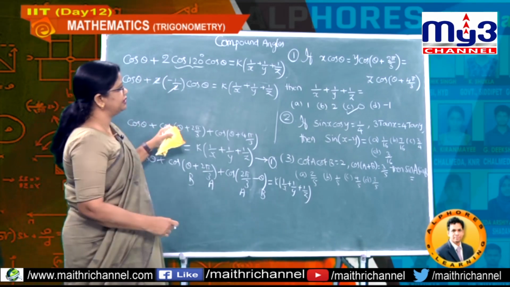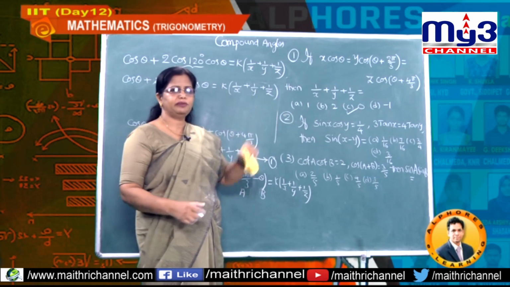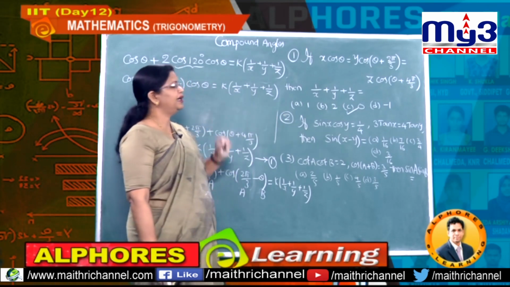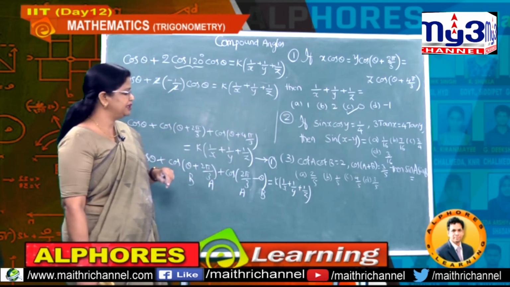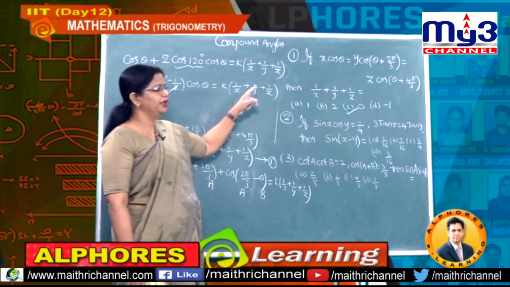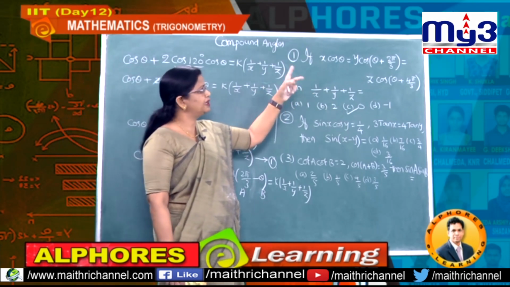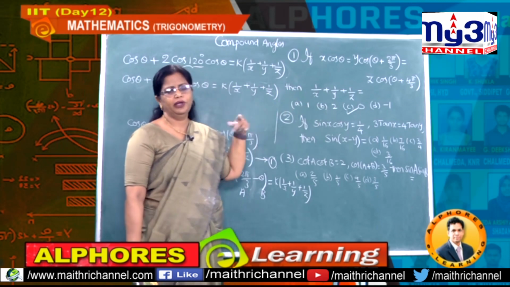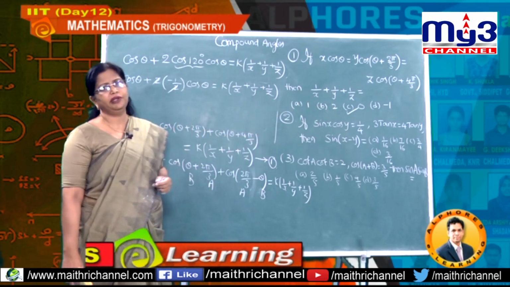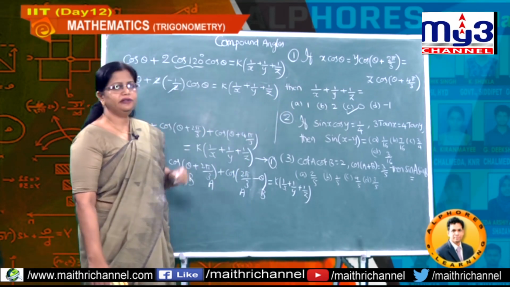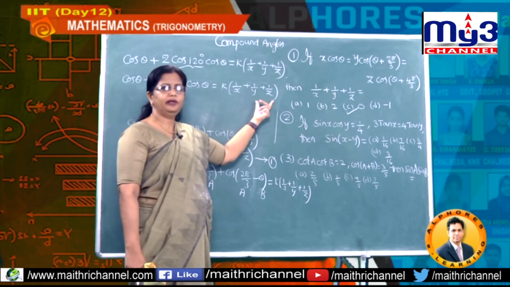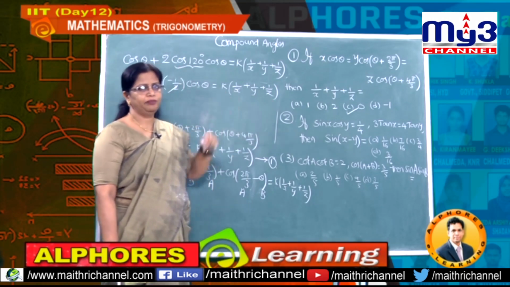Hence what is the answer? 1 by x plus 1 by y plus 1 by z is 0, because k cannot be 0. Why k cannot be 0? If I equate values cos theta equal to 0, cos of theta plus 2 pi by 3 equal to 0, that cannot happen for the same theta. Hence k not equal to 0, therefore which is 0 here? This value is 0. Got it, students?